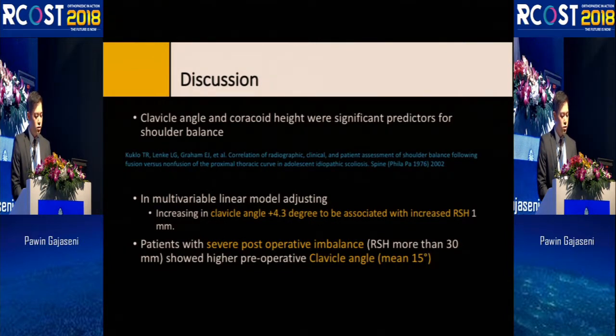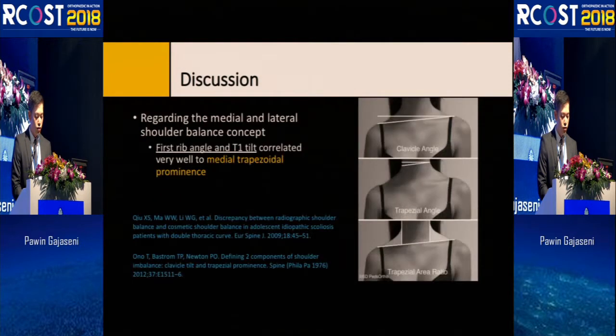The patients with severe postoperative imbalance showed a higher preoperative clavicle angle, around 15 degrees. Regarding the medial and lateral shoulder balance concept by Professor Cure and Professor Ono, there were two distinct regions, the lateral and the medial shoulder balance.